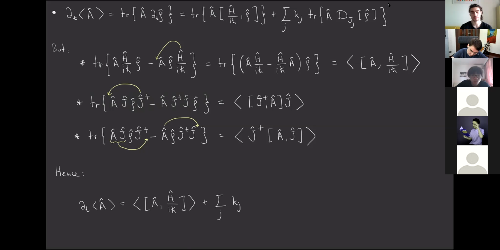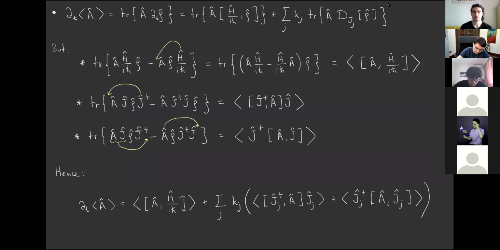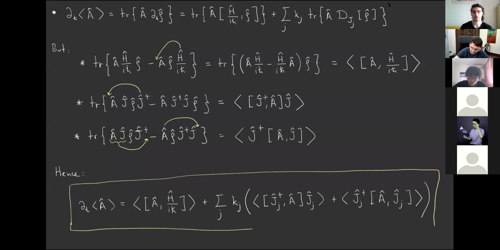With the corresponding rate kappa j, you will get the expectation value of first the commutator of the jump operator dagger with A times the jump operator, plus the jump operator dagger times the commutator of A with the jump operator. So this is an equation that for anyone working with master equations is super useful.